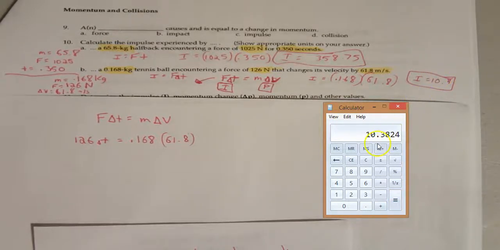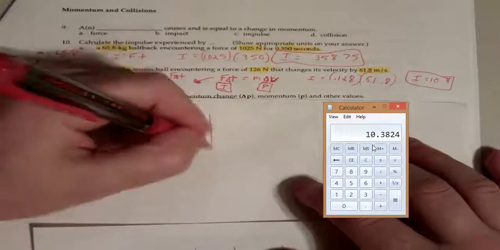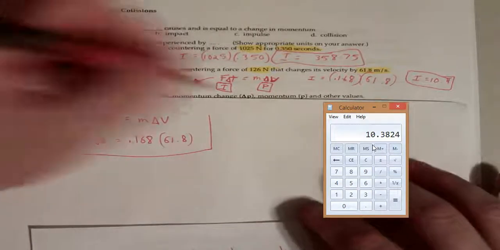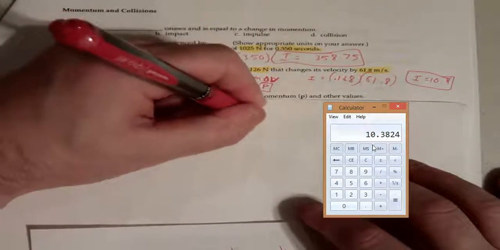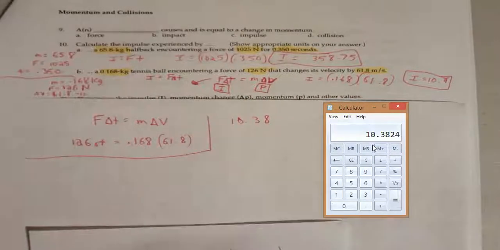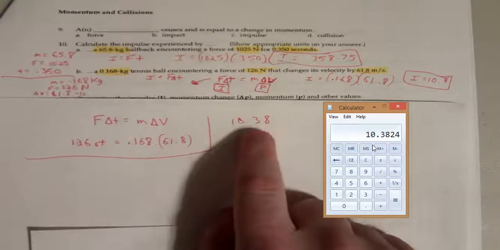There we go. Okay, so let's write that number down, because again, I know we just did velocity times this, and that doesn't really tell us anything, right? So we got 10.38 about that. There may be some rounding where we're off a couple. So remember this number.